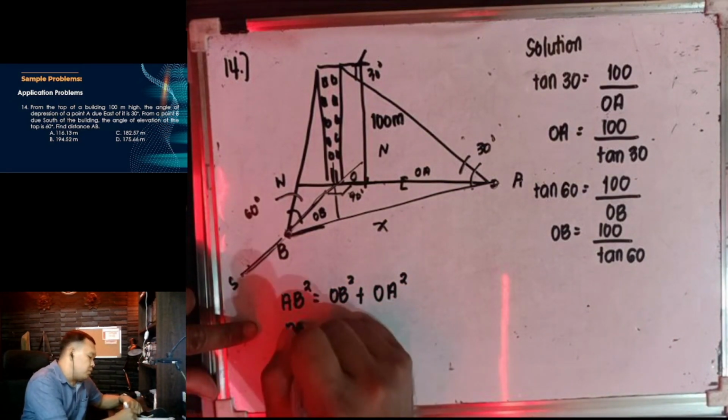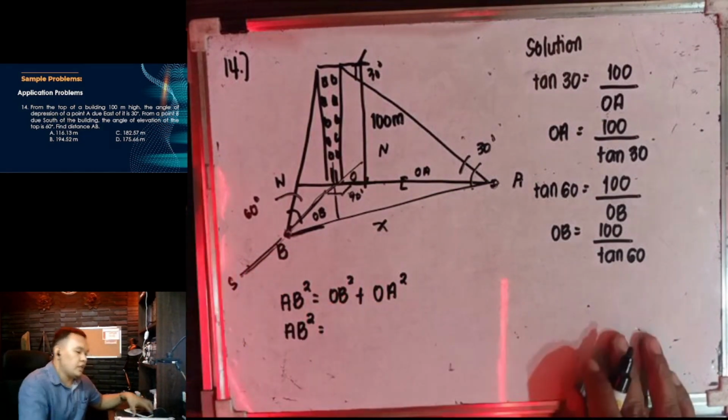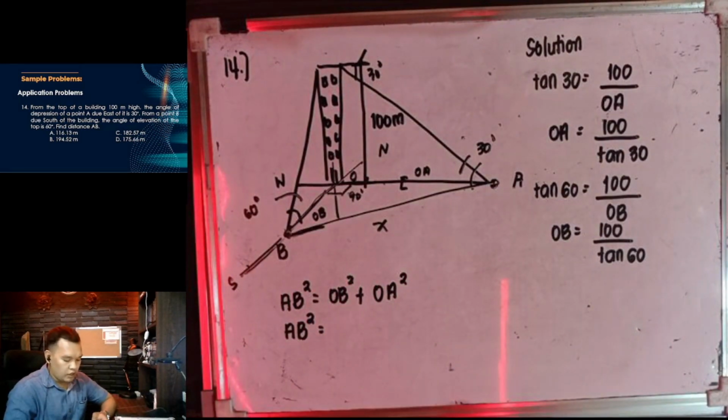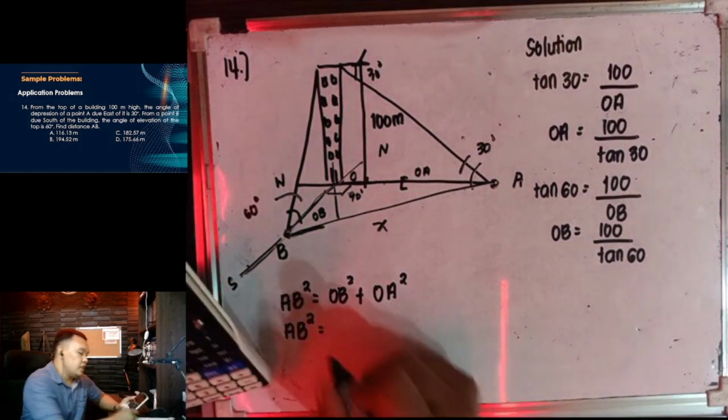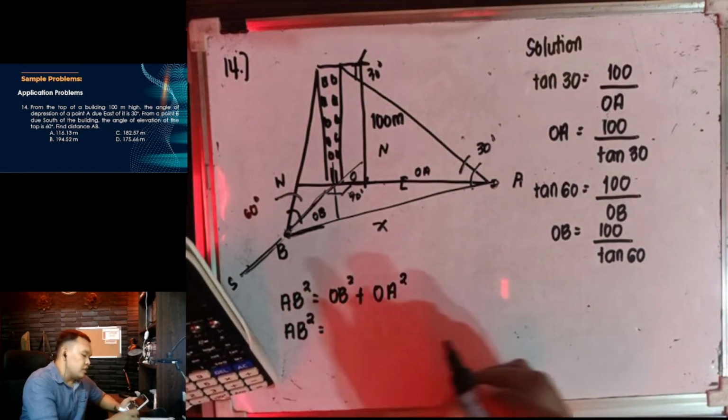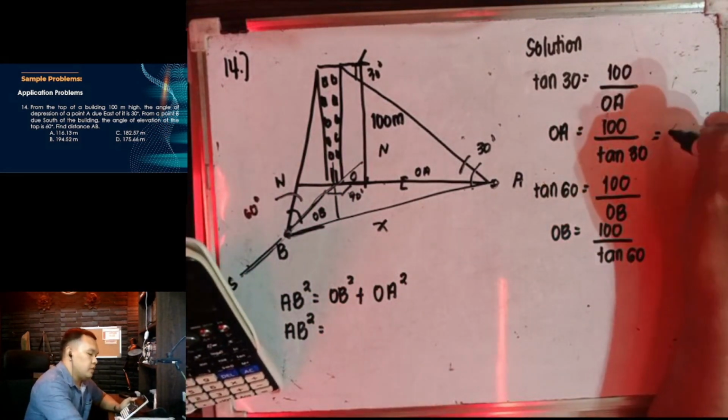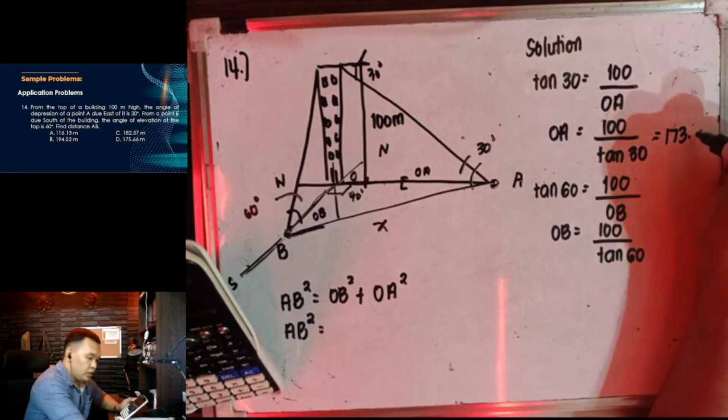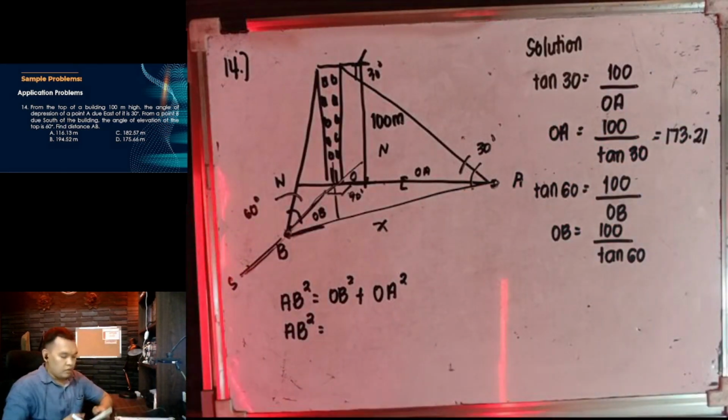So OA, which is 100 all over tangent 30, equals 173.21. Then yung ano natin, OB tangent 60.